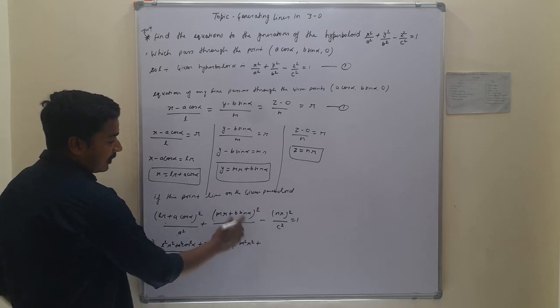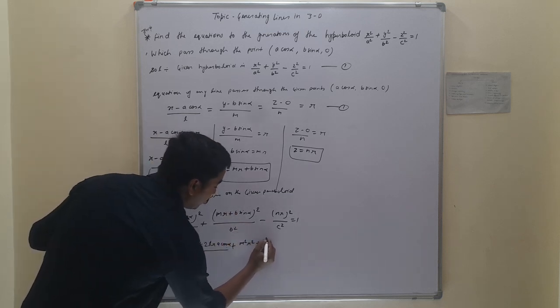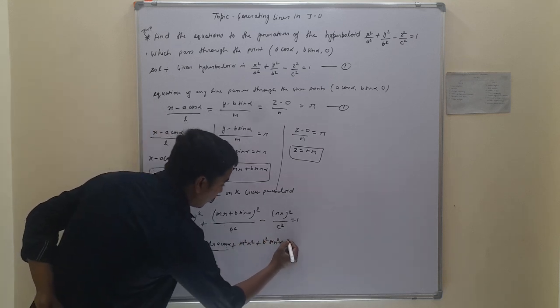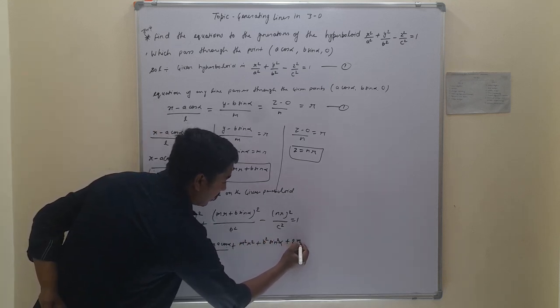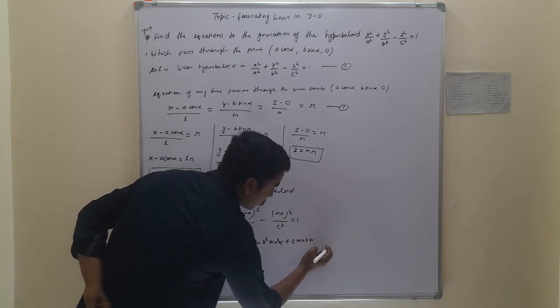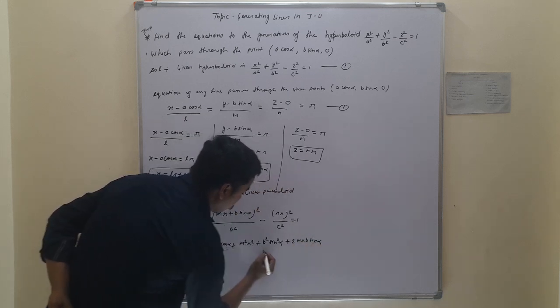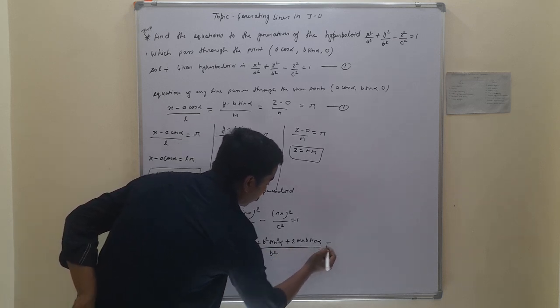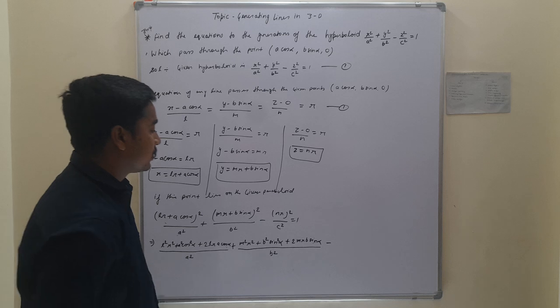This gives m square r square plus b square sin square alpha plus 2 m r b sin alpha upon b square, and last is (nr) whole square, which we have to open.